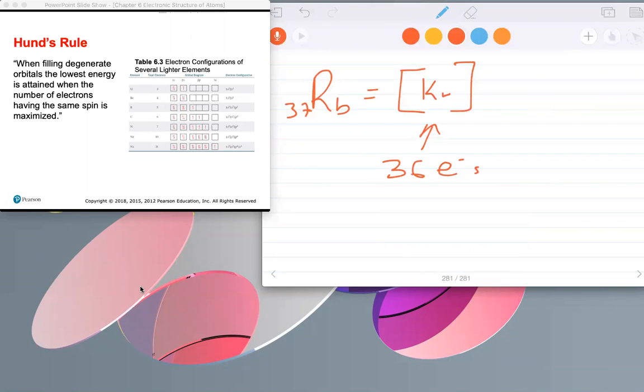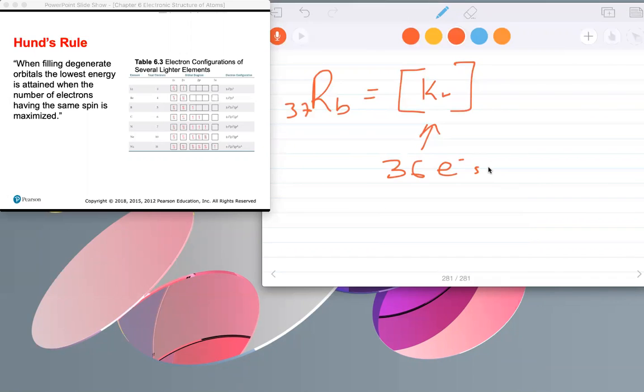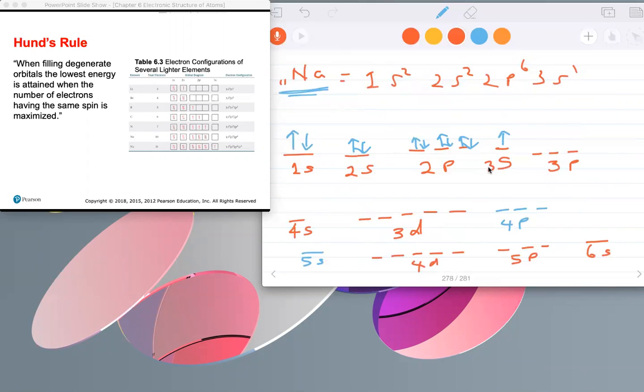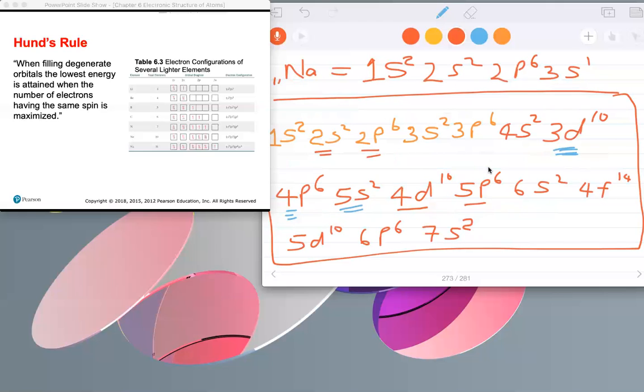With the 36 electrons, how many do I still need? I still need 1, but the challenge is, how will I know if it is 3d, 5s1, or 4d1, which sub-level? That will call for writing the long method of electron configuration, right here.